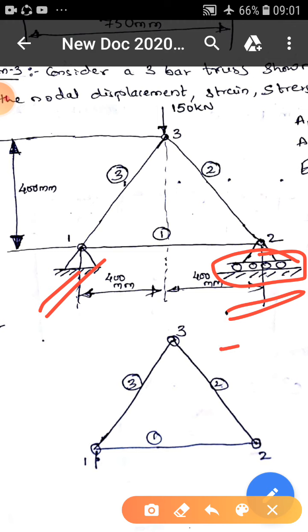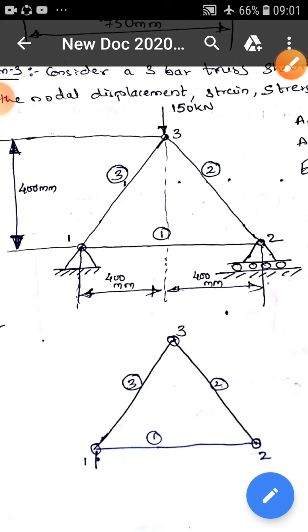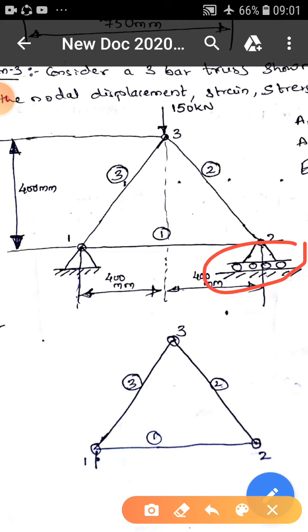This can move in x direction, front and back, but its vertical motion is restricted. This type of roller support, resting on the horizontal x axis, is free to move in x direction but fixed in y direction.